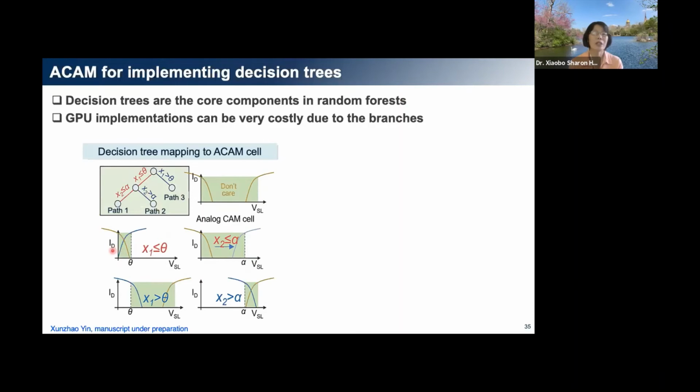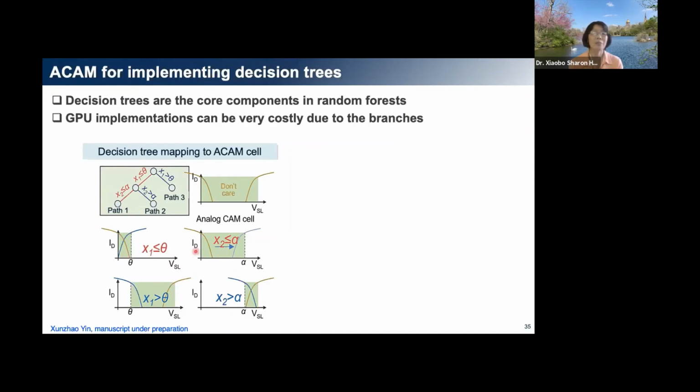For the low VTH, we program it to the lowest VTH possible. And for the high VTH FeFET, we program it to the VTH of theta. This is represented by this red line. Now if a query data comes in, if it falls in between this range, meaning if it's less than theta, then it'll be a match.